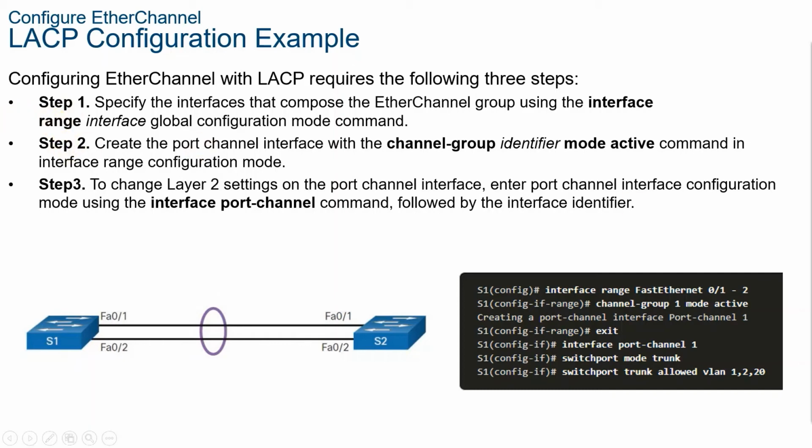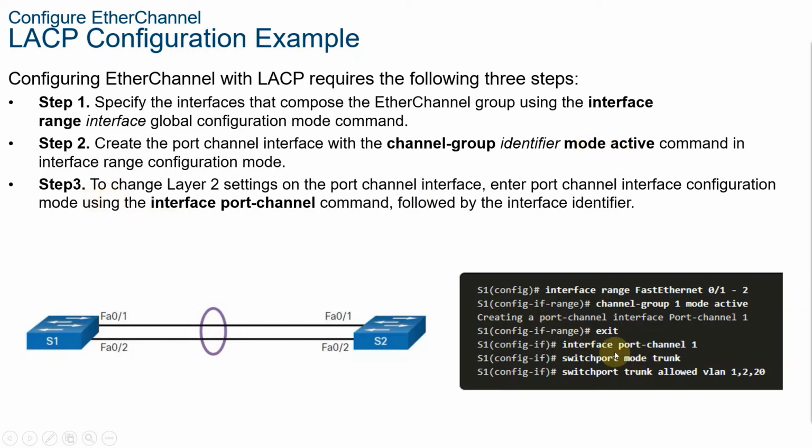Okay? Step 2, create the port channel interface with the channel-group identifier mode active command in interface range configuration mode. The identifier specifies a channel group number. The mode active keywords identify this as an LACP EtherChannel configuration.